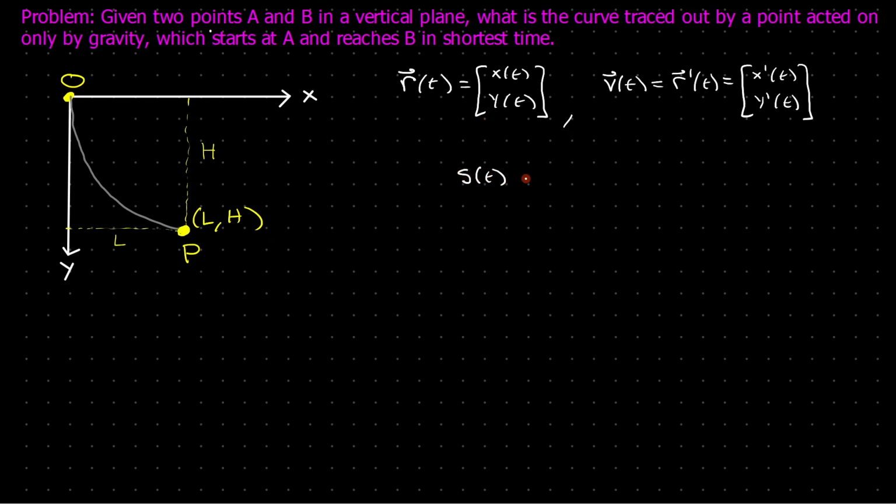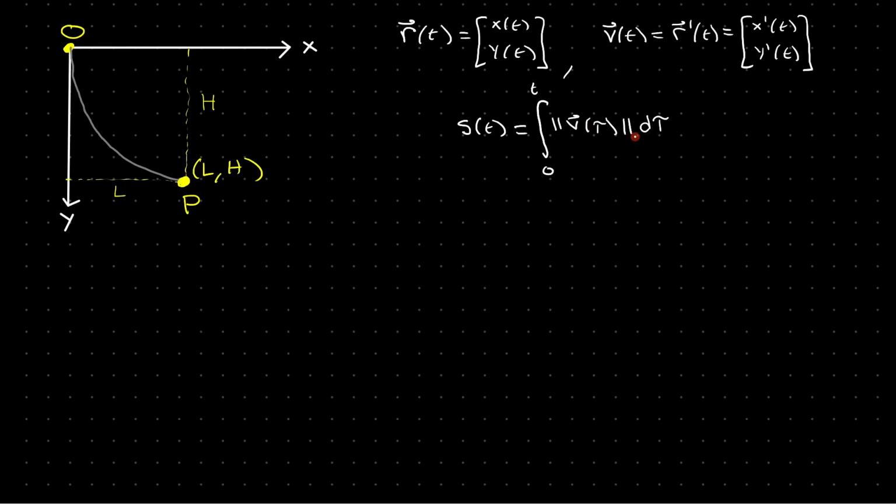This is a number, and it's specifically the integral from 0 to t of the magnitude of the velocity vector as a function of, say, tau, where I've used tau as my dummy variable of integration here. So this double line thing stands for the norm of the vector, or the length of the velocity vector.